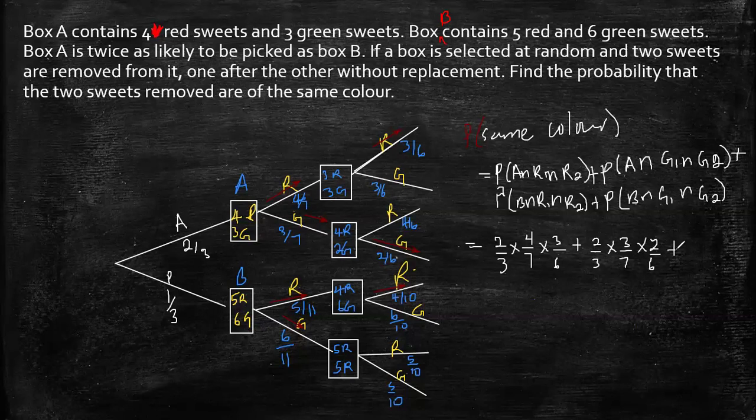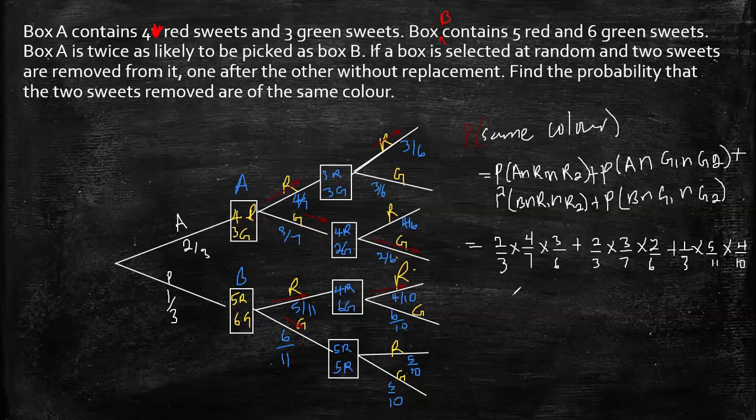Then we add, now we go for B, which is a third, times the first red, 5 out of 11. Then again times 4 out of 10.